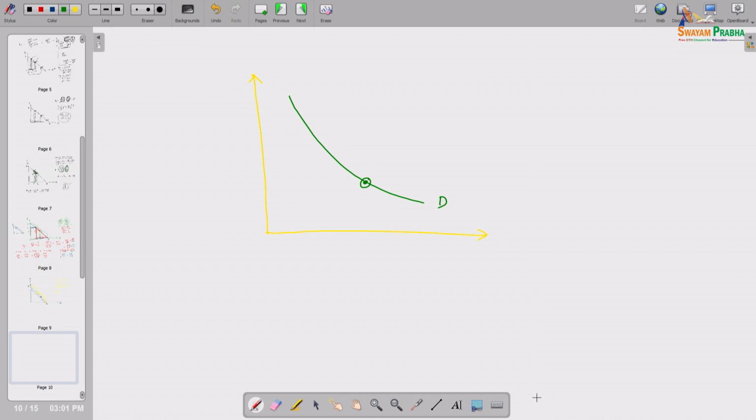So the advice is that you draw a tangential straight line on that demand curve at the point at which you want to find the own price elasticity of demand, and calculate the elasticity of demand as if your demand curve is this tangent.